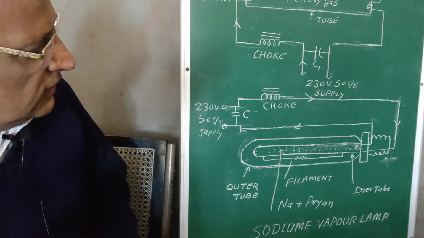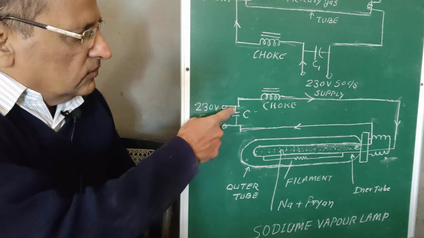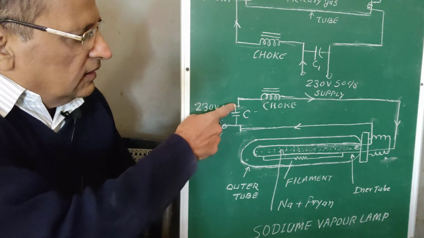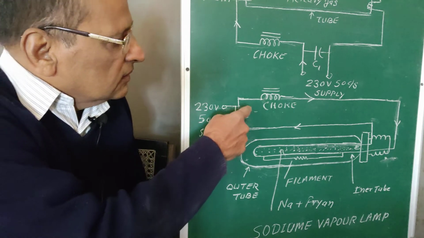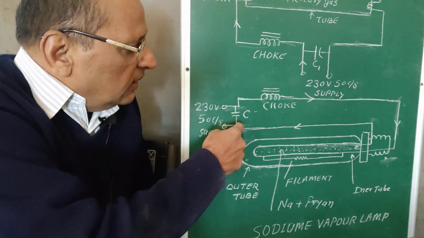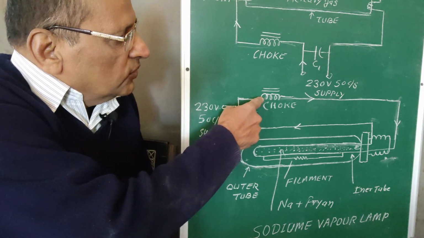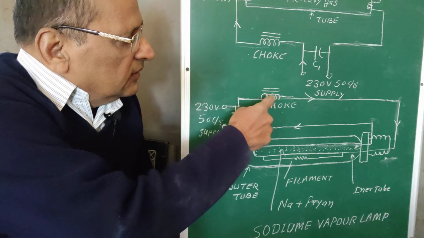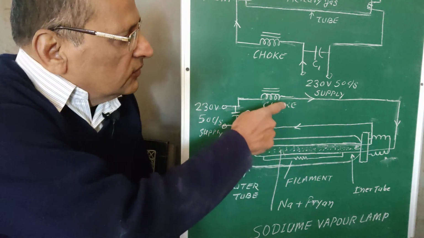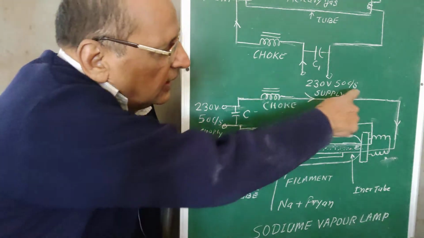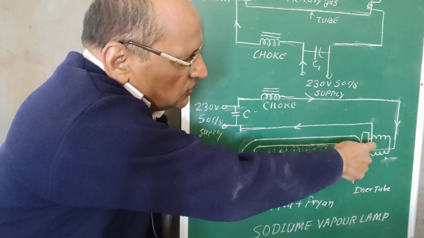As you are seeing, this 230 volt supply is there, with a capacitor across the supply for improving the power factor of the circuit, and then this choke which provides the necessary operating voltage to this lamp.